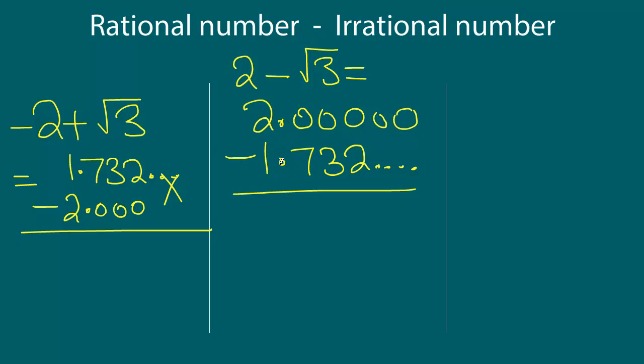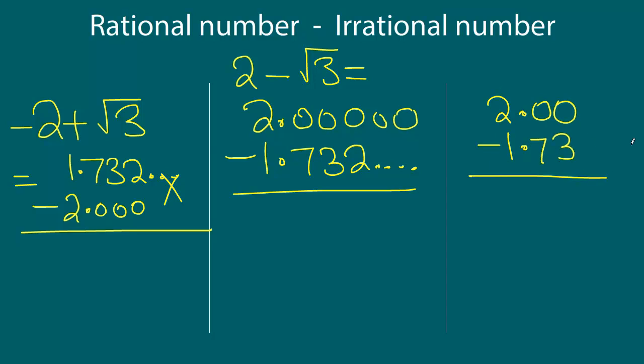Because the decimal part of this number does not end, can we actually carry out the subtraction? Let's say, for example, if it were a normal decimal number, 2.00 minus 1.73.